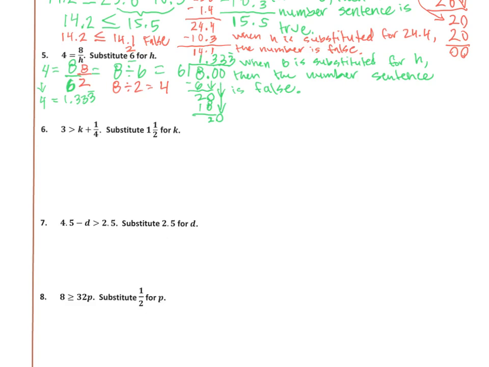So if we had 4 originally, and now after substituting h for 2 we have 4, then it looks like what we have is 4 is equal to 4. So let's write out that statement now.